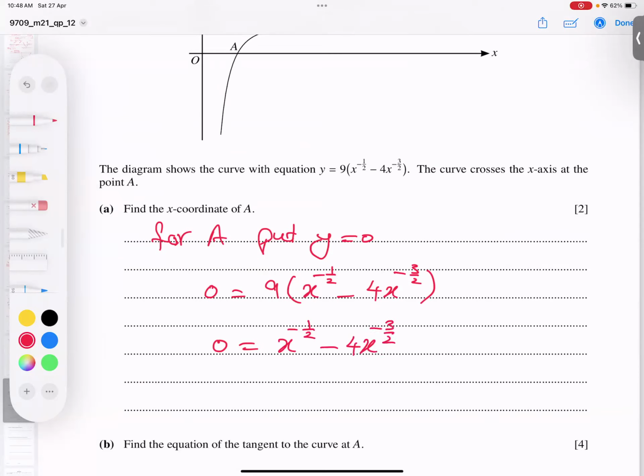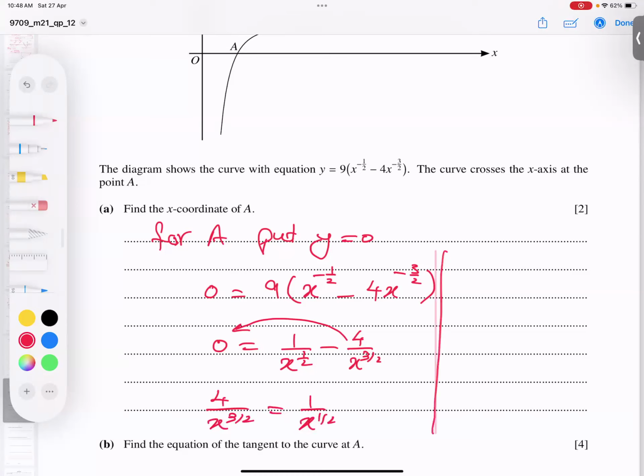Okay, students, I will do one fair thing. I will make the power positive. These are disturbing again. Have positive 4 over x to the power 3 by 2. This negative will go there. Okay, students, I'm doing it there.